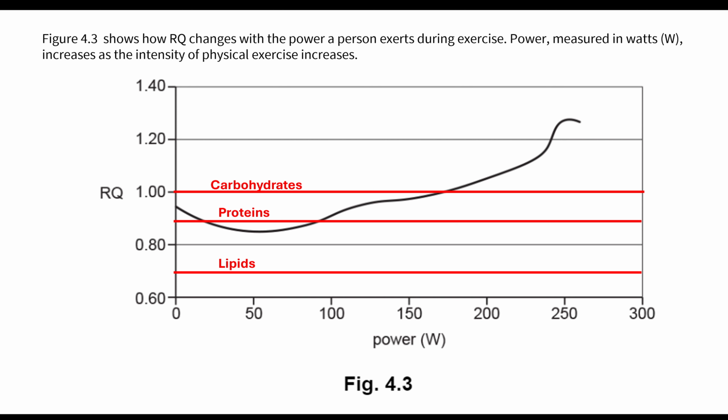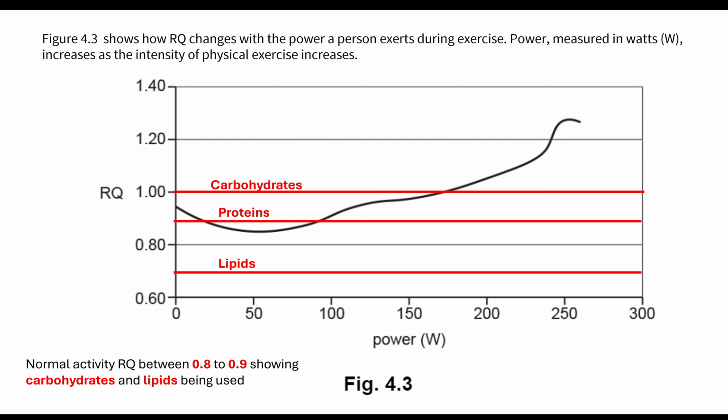But what we can quite clearly see is we're not really that close to 1 at the beginning, and we drop down and never reach 0.7. So what we tend to say is that when the number is between 0.8 and 0.9, which is normal activity, that's showing that both carbohydrates and lipids are being used. We also have proteins being used, but only those that are in excess.